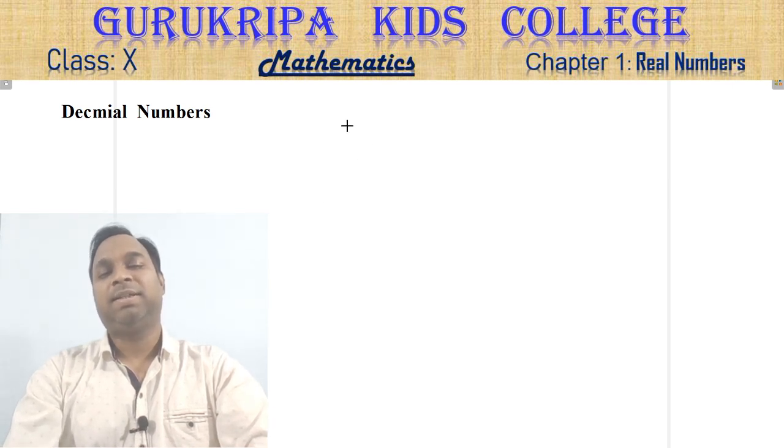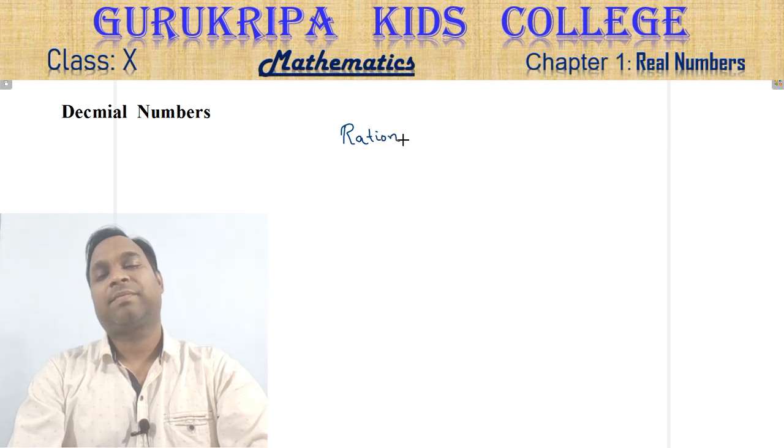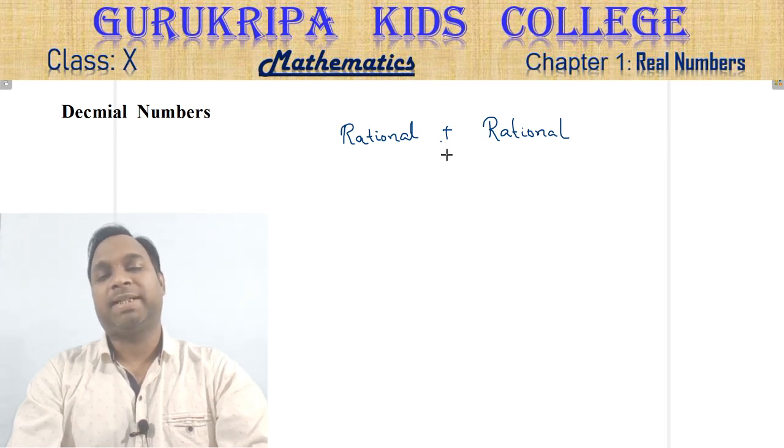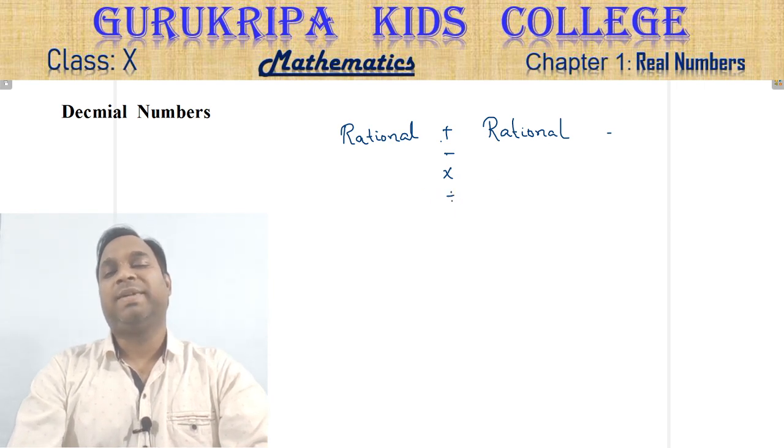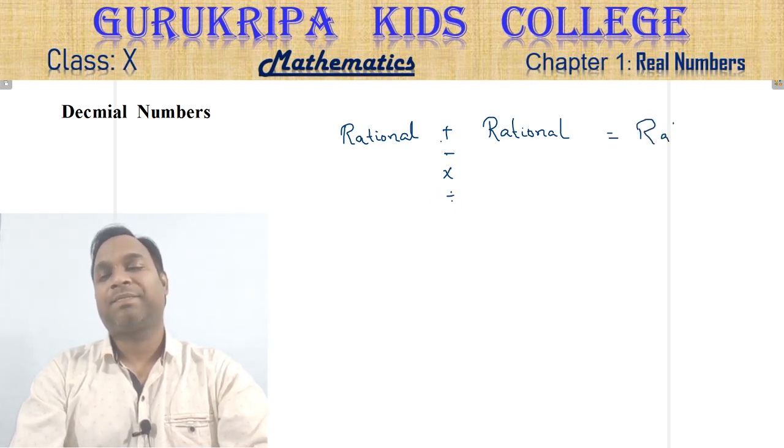We have learned that rational plus rational, any operation on two rational numbers, whether it's addition, subtraction, multiplication or division, always results in a rational number.